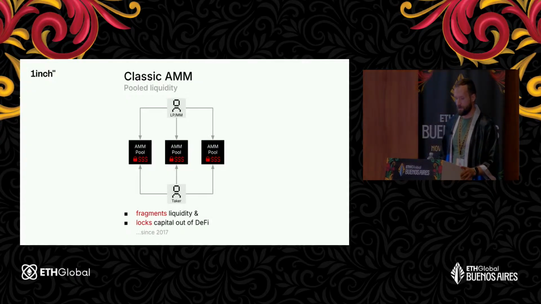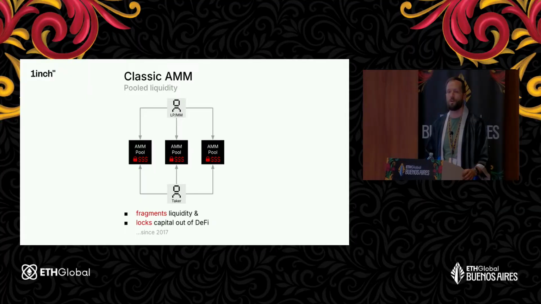Okay, let's move on to more inefficiencies here. That's how classic AMM pools work. A liquidity provider provides liquidity into a set of pools covering different pairs, ranges, and parameters. If you try to provide your liquidity to tens or hundreds of different assets, it's easy to notice that you have to fragment your most liquid assets, like USDC, wrapped Ether, wrapped Bitcoin.